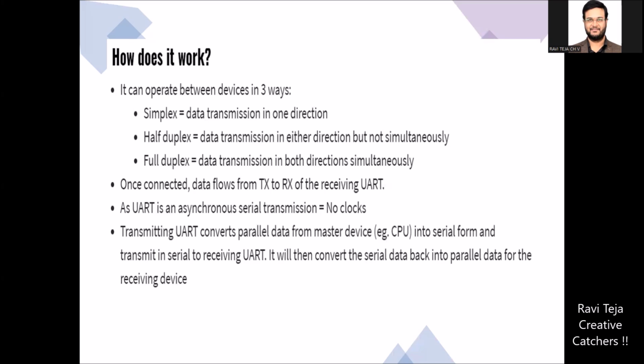Then once again, it converts the serial data back into parallel data form for the receiving device. So what's happening here? It converts the parallel data into serial form, and at the time of receiving, it converts the serial data back into parallel form. This is how the transmission and reception of the UART generally works.